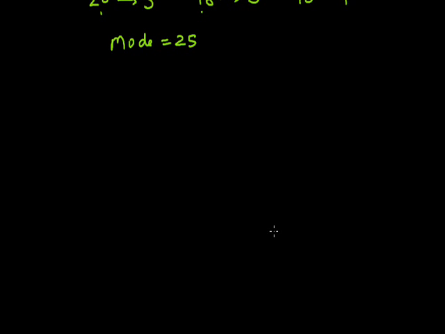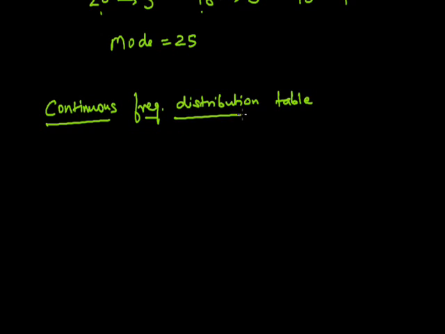So it is easy to find the mode in the case of a discrete frequency distribution table. But if a continuous frequency distribution table is given, continuous frequency distribution table means class intervals with the frequencies are given.